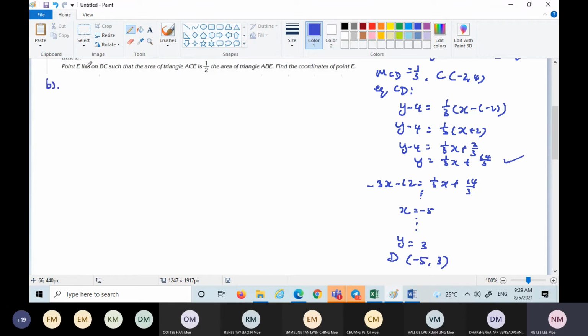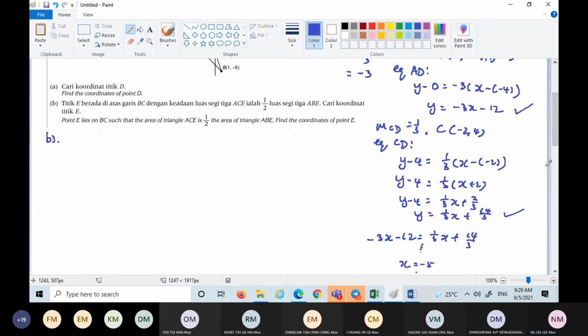Now we come to part B. Part B, because here they are using the area. So many of you, so far I haven't finished marking yet. You are using the area formula, the 3 points one that you learned in this chapter.